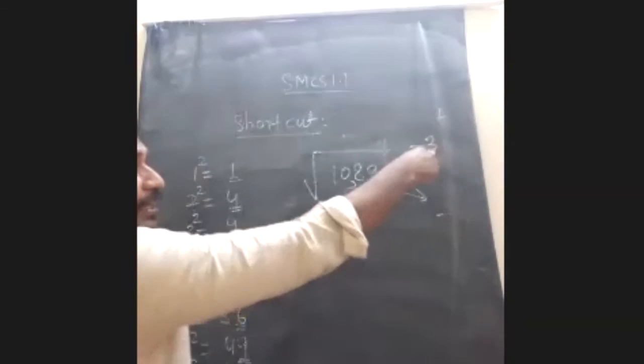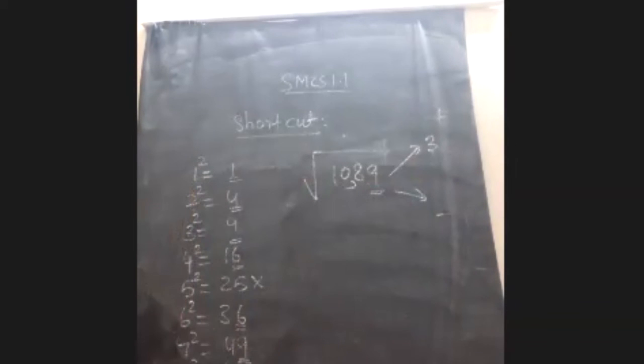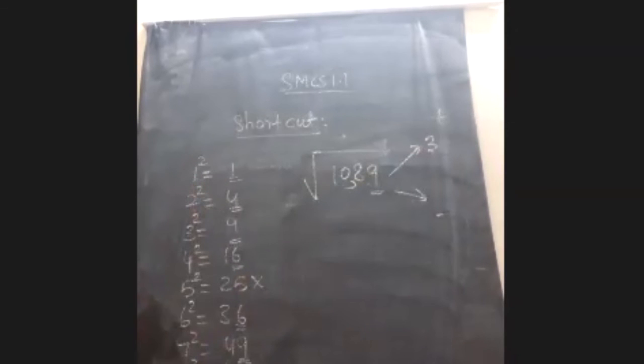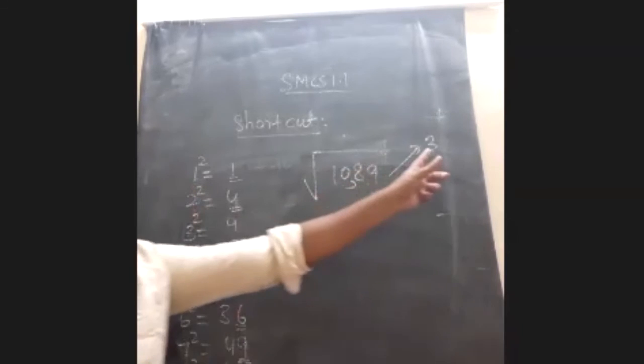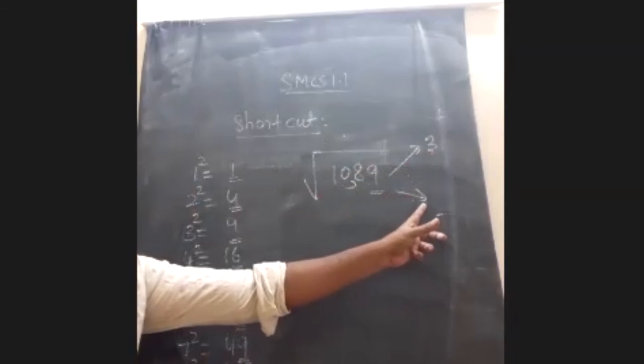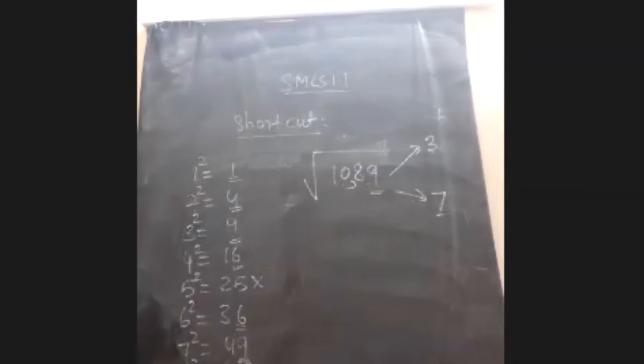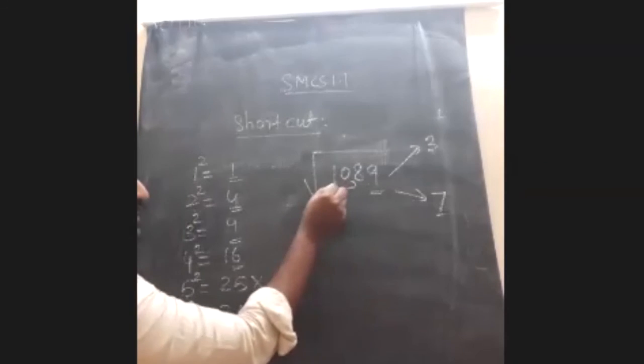What is the friend of 3? Consider that 1 and 9 are friends, 2 and 8 are friends, 3 and 7 are friends, 4 and 6 are friends. Because 1 plus 9 is 10, if you add up the friends, you should get the value as 10. Okay, that is a trick. Now 3. 3 plus which number is equal to 10? 7. So 3 and 7. You selected this. Now 10 is there.